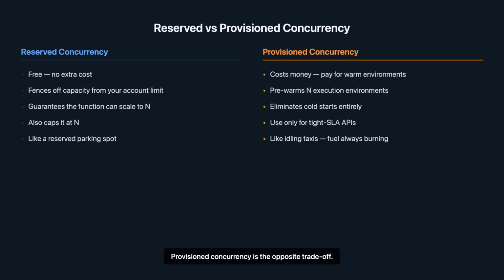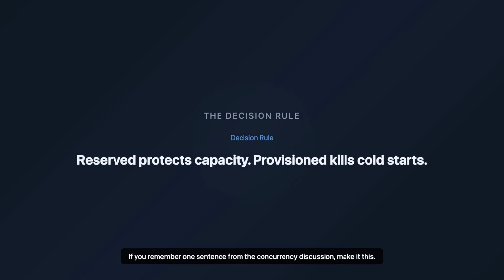Provisioned concurrency is the opposite trade-off. It costs money, but it pre-warms execution environments so there's no cold start. Choose reserved to protect capacity, and provisioned only when a cold start would break your latency SLA. If you remember one sentence from the concurrency discussion, make it this: reserved concurrency protects capacity and costs nothing.